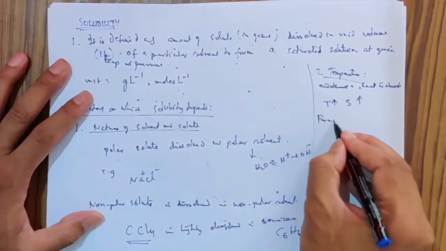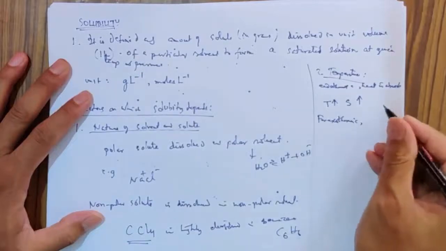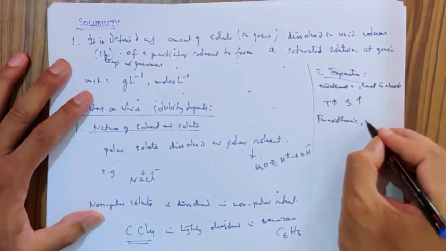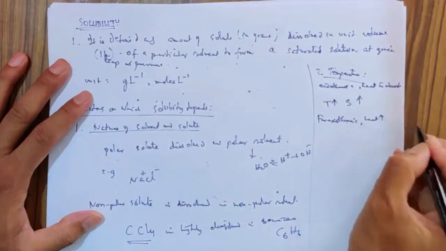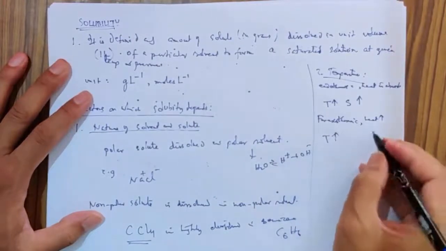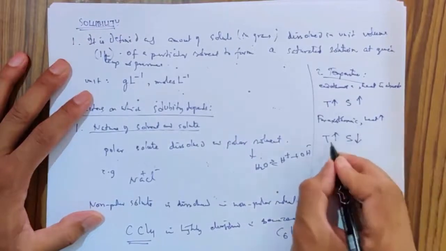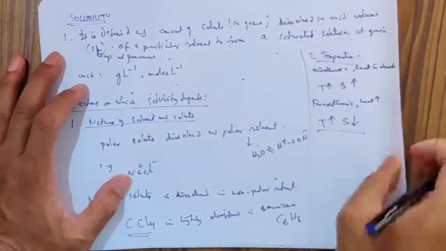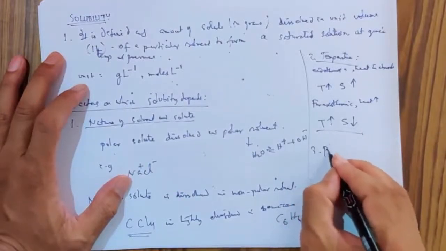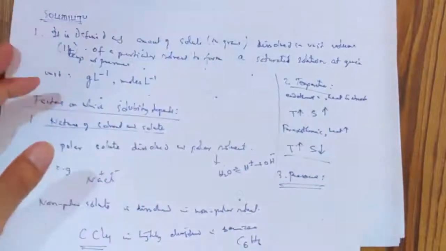For exothermic, heat is evolved, heat is given out. For exothermic, solubility decreases with increase in temperature.